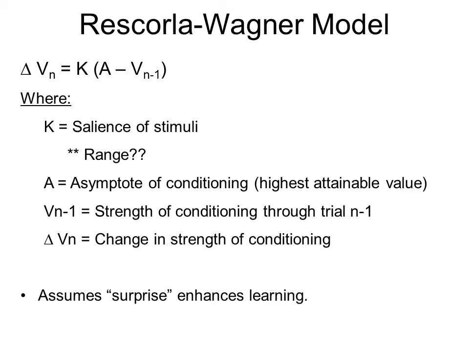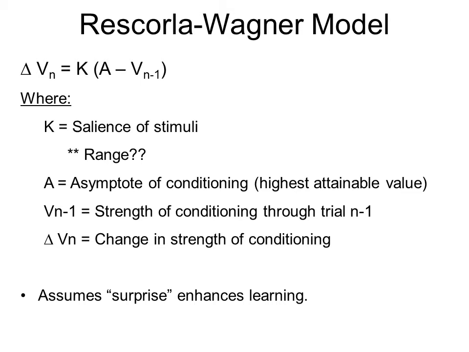So for example, if we use a piece of food in the mouth of a dog, and we know that this particular piece of food typically results in 30 drops of saliva, that is the upper bound. That is the most amount of saliva that we can expect from this particular piece of food. And so now we know the upper bound. It is going to be 30. The unconditioned response will be 30, and therefore we also know what the ultimate endpoint is for the conditioned response.